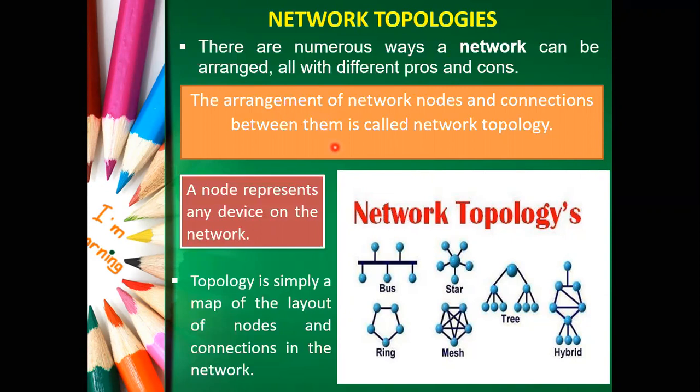In simple ways, we can say that how a network will look like will be referred to as network topology. We can also say that network topology is the map of the layout of the nodes. Nodes means any device which is participating in the network, and the connections between them.